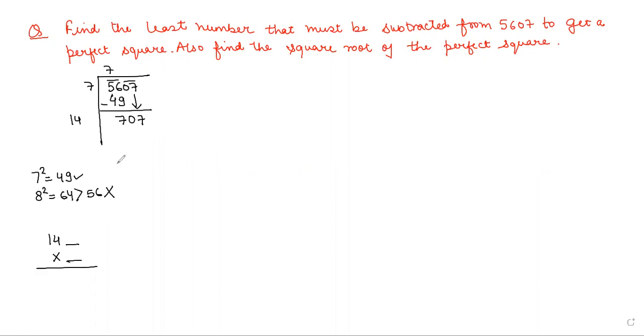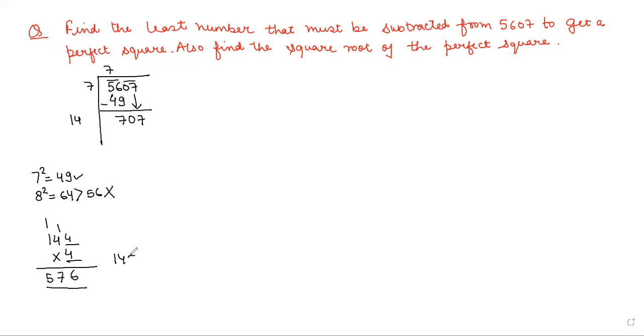Now with 14, think of a number by which you will multiply it to get a number less than or equals to 707. So if we multiply it by 4, 4 into 4 is 16, 4 into 4 is 16 plus 1, 17. 4 into 1 is 4, 4 plus 1 is 5. 576.